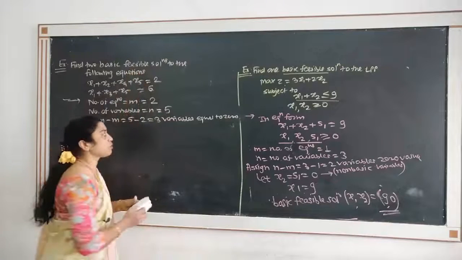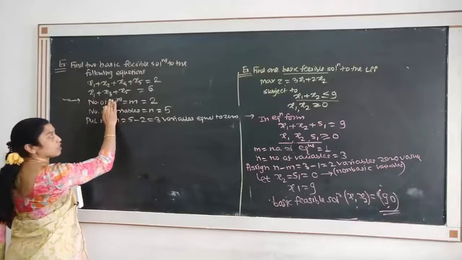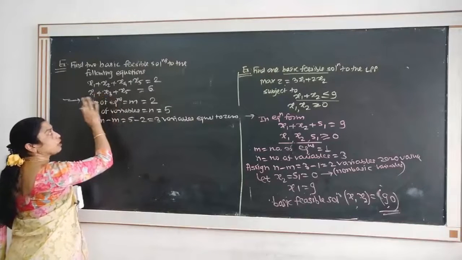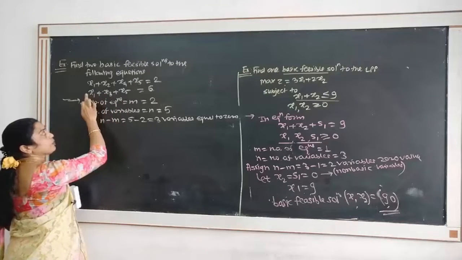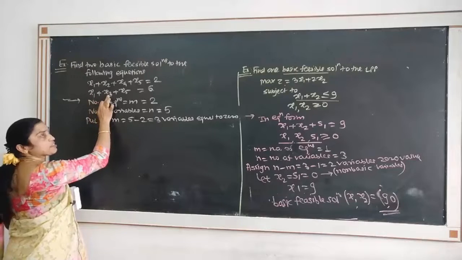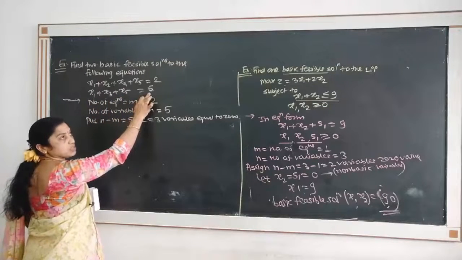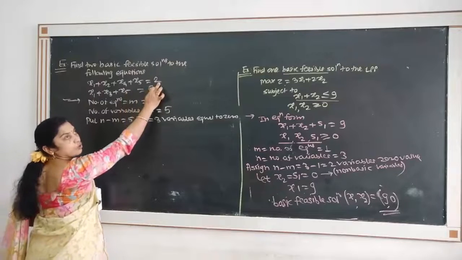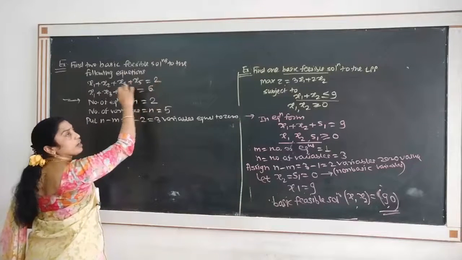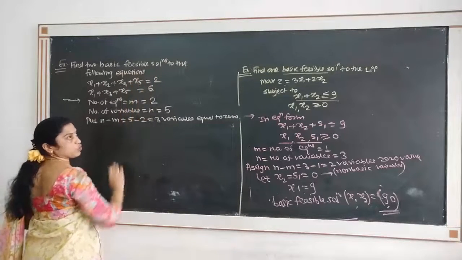So you have to think carefully. If you observe these equations and suppose we put x1 equal to x3 equal to 0, we will get the value of x5 equal to 6. It is a bigger value than 2, and therefore we will get a negative solution when we substitute.